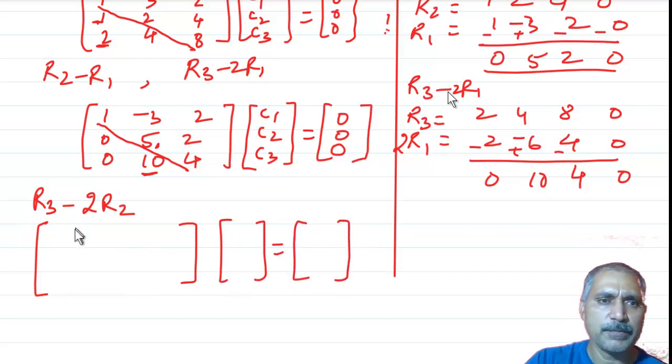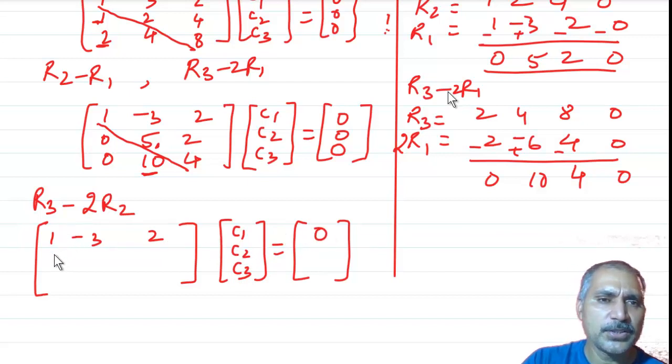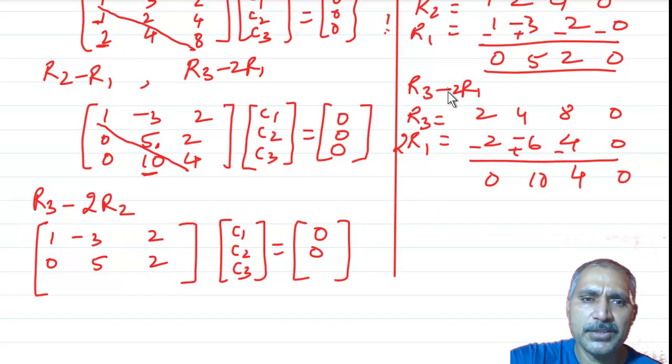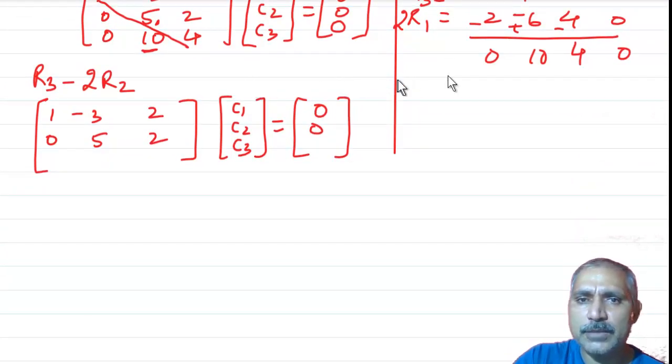Let us simplify that. R1 and R2 first we copy: 1, minus 3, 2, and 0 here. Row number 2 will remain the same: 0, 5, 2 and 0. Now the operation is on row number 3: R3 minus 2 times R2.